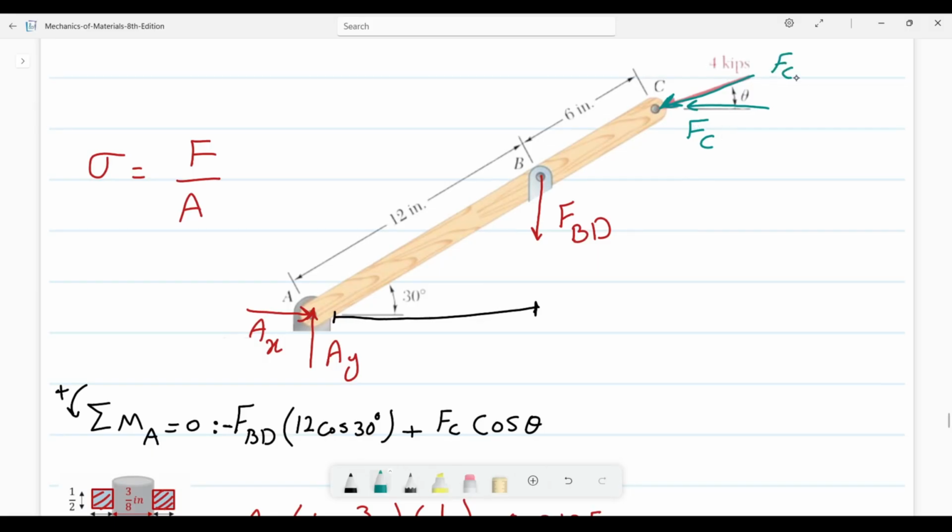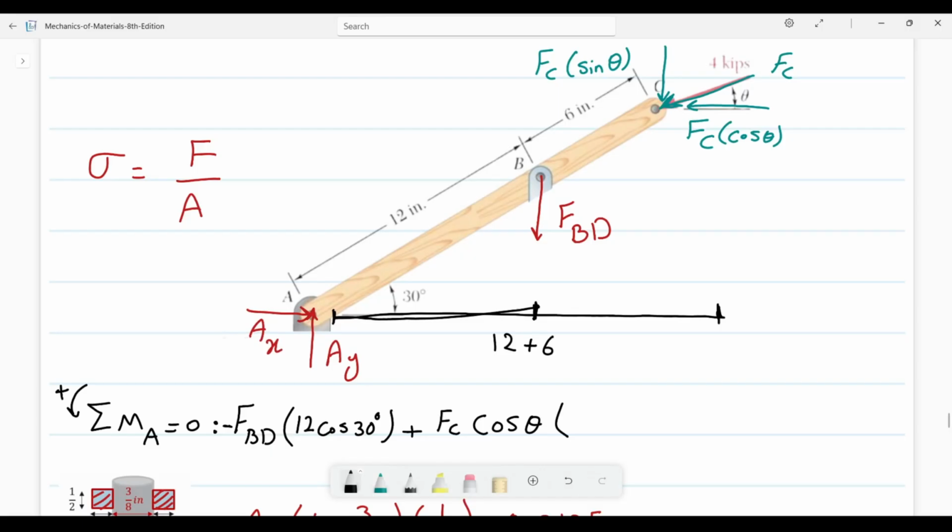This is FC, this is FC cosine theta, and this is FC sine theta. FC cosine theta multiplied by this value, which is equal to 12 plus 6.